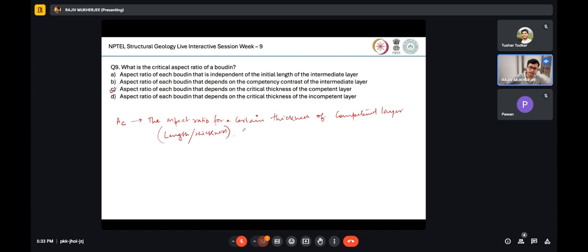So aspect ratio for a certain thickness of competent layer, below which, not beyond, below which the competent layer cannot further be segmented into two parts.